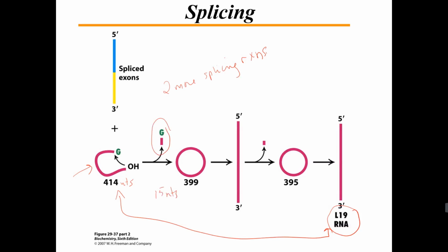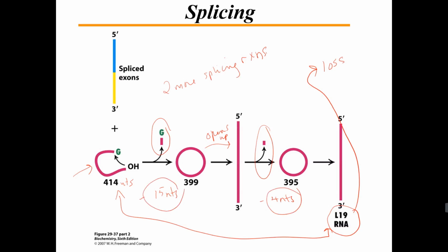Once it circularizes, it opens up again, carries out another transesterification reaction and loses 4 more nucleotides to generate the L19. And it's called L19. The L stands for loss, and the 19 comes from the 4 and the subsequent 15 nucleotides that are lost during these 2 transesterification reactions. Okay?